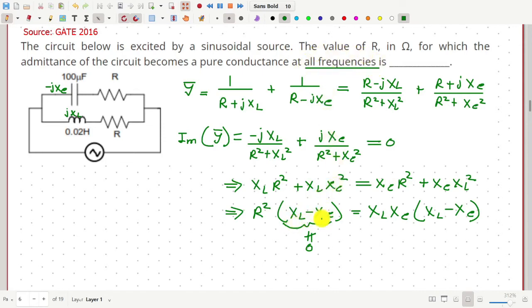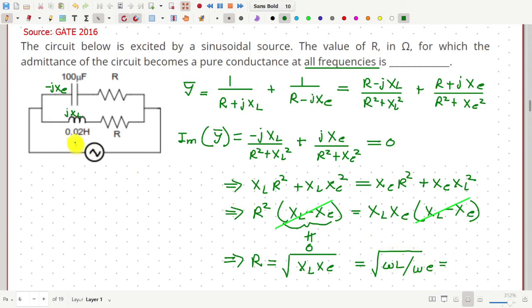Therefore, XL minus XC cannot be 0 at all frequencies, and thus we can cancel this term from both the sides. From this, we have R equal to square root of XL XC. So that is square root of omega L divided by omega C, that is square root of L by C.